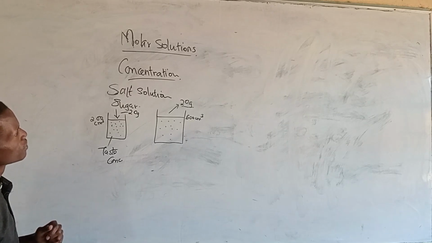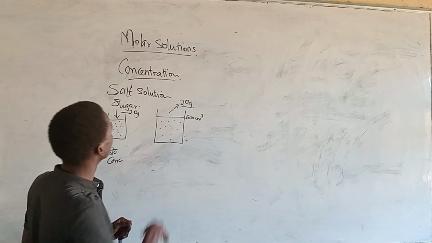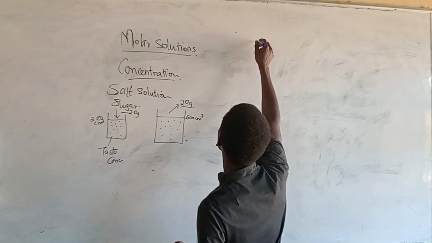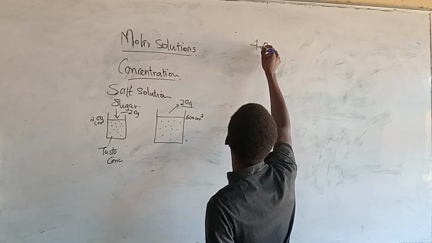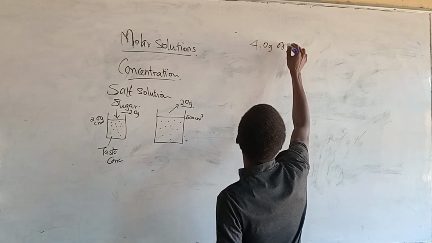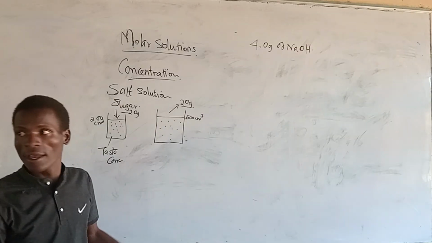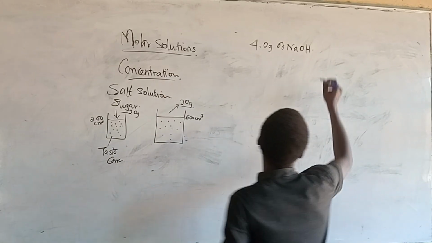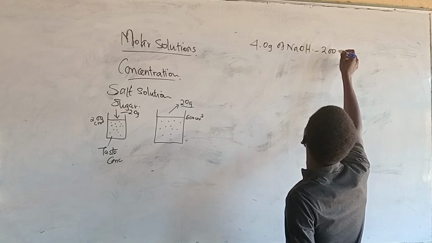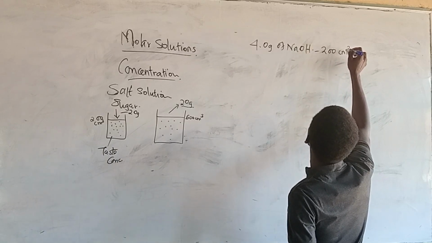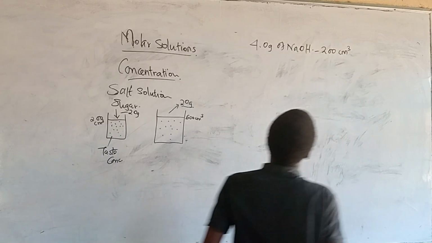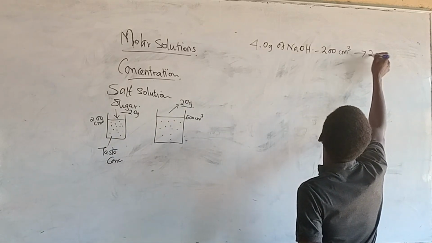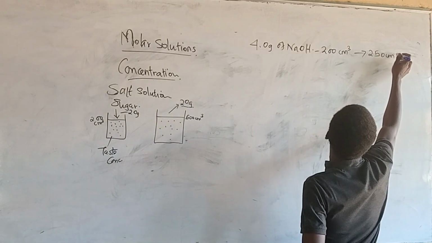Now, when it comes to concentration in chemistry, for example, when you dissolve 4.0 grams of sodium hydroxide in 200 centimeter cubed of solution, then you add water up to 250 centimeter cubed.